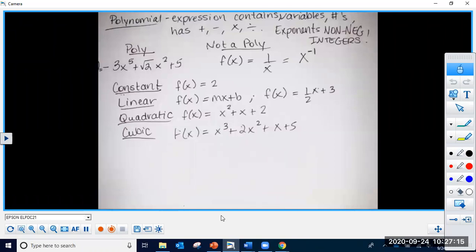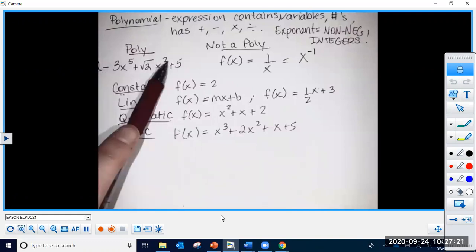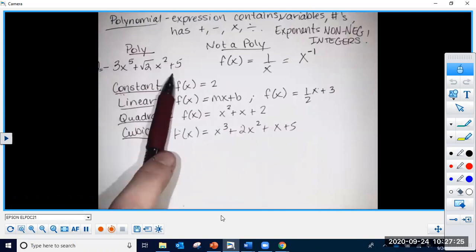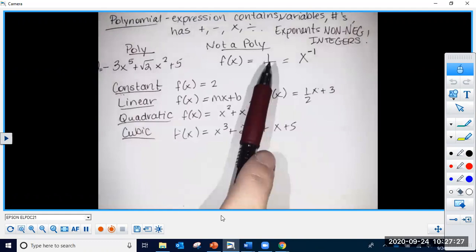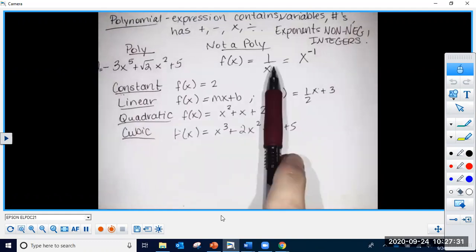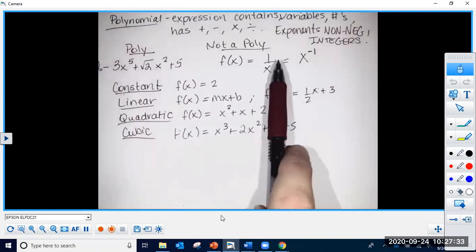All right, so just to go back through really quick, polynomials have whole number exponents. So you will never see a variable in the denominator. If you do, automatically not a polynomial. The graph of this is actually broken into 2 branches.